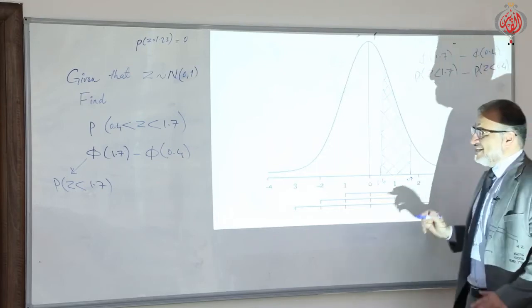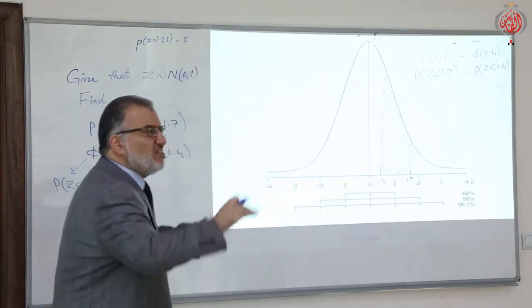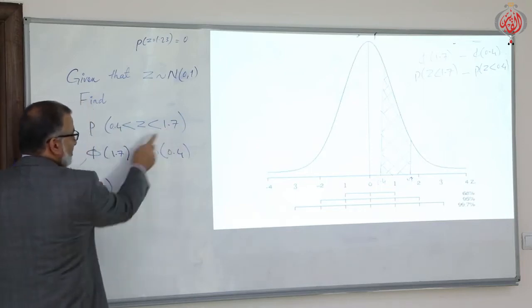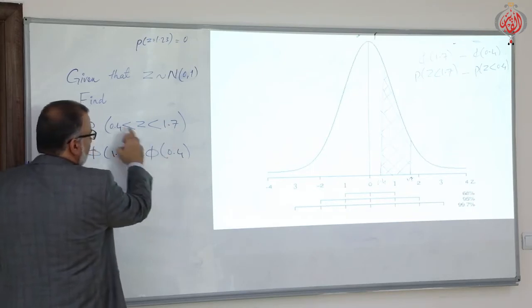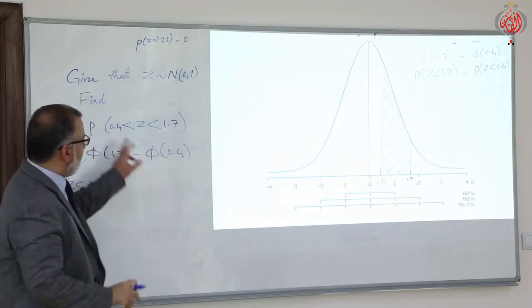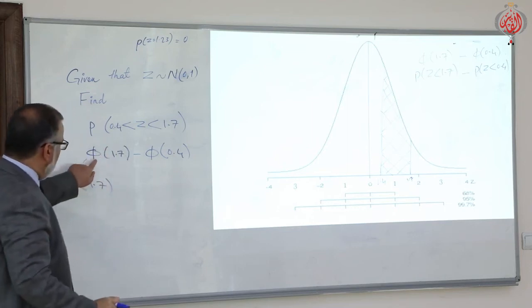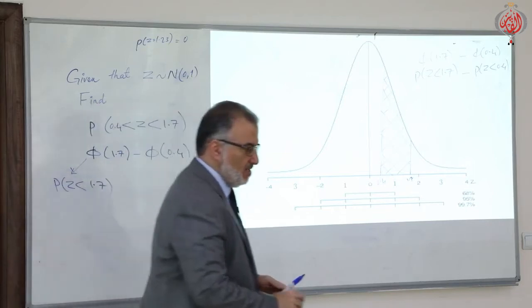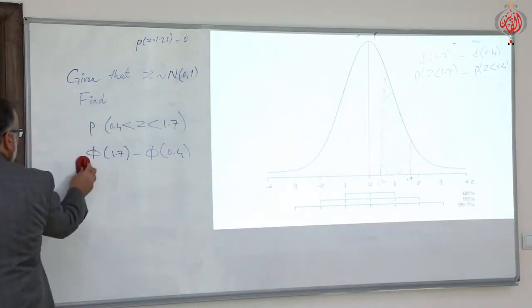So in calculations, once you have a compound inequality, directly say it is phi 1.7, the bigger one, minus phi 0.4. Go phi to the right minus phi to the left. Is it clear? Then, can I find it from the table? Yes, go to the table directly since you have phi 1.7.